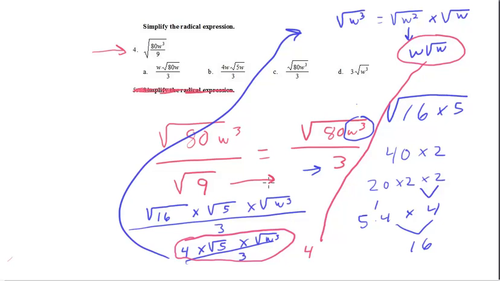I've got 4w times the square root of what I was left with. Let me change colors again. What I was left with here is the square root of 5, still under the radical sign, and this w, which is still left under the radical sign. So that goes down here. So I've got 4w times the square root of 5w all over 3. So let's see. That must be B.